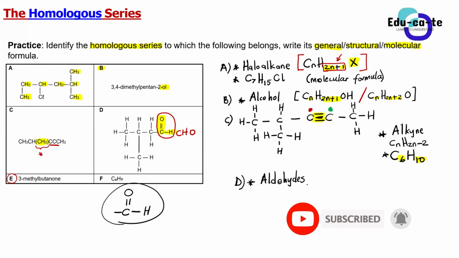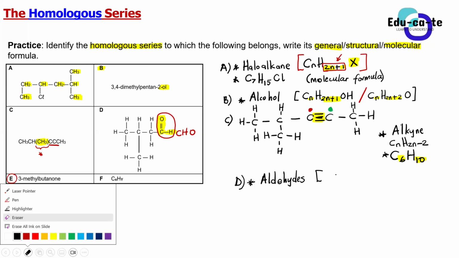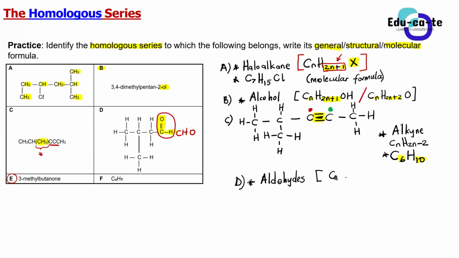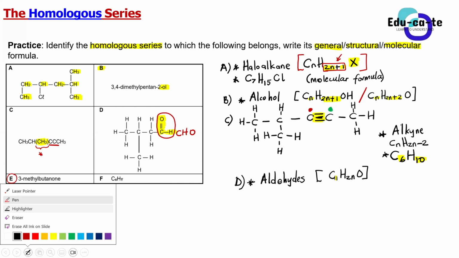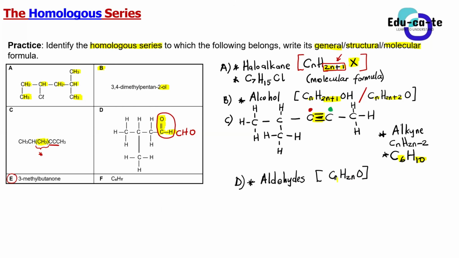And then what about the general formula for the aldehydes? Yes, Orif? CnH2n O. So it means that for each and every aldehyde, the number of hydrogen atoms is double the number of carbon atoms.